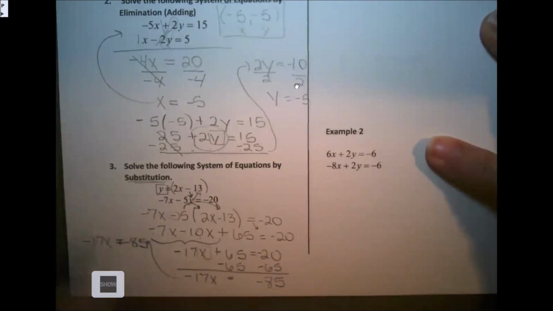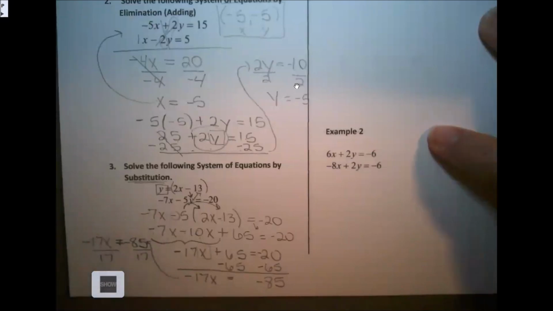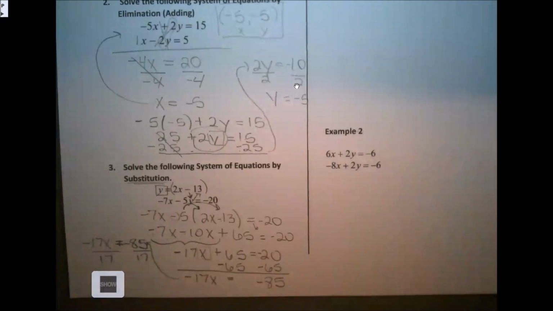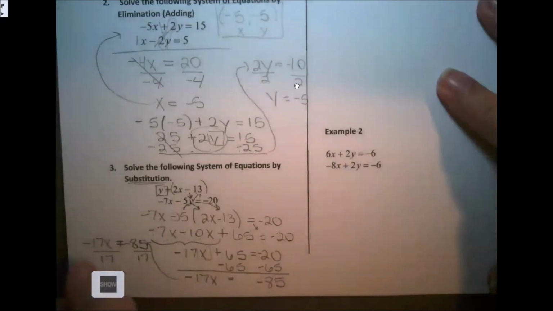Then I'm going to divide both sides by 17. So if you take your calculator, you go negative 85 divided by 17 gives you x is equal to a positive 5, because the negative on 17 and negative 85 gives you a positive.